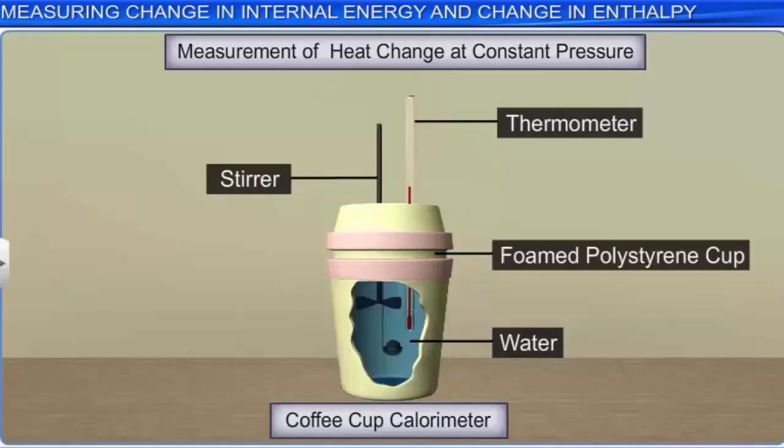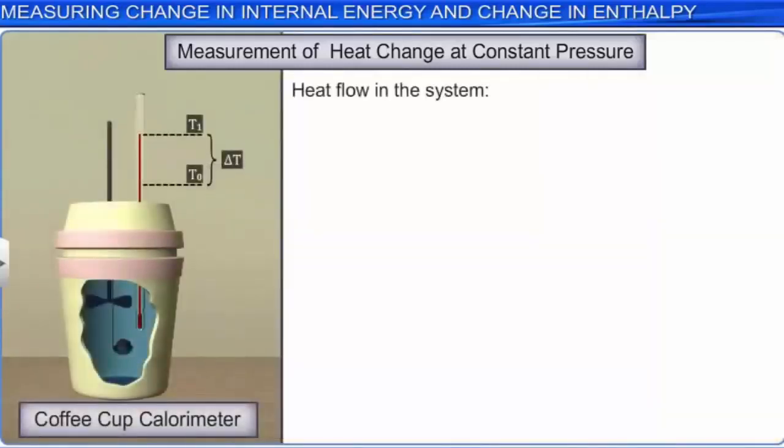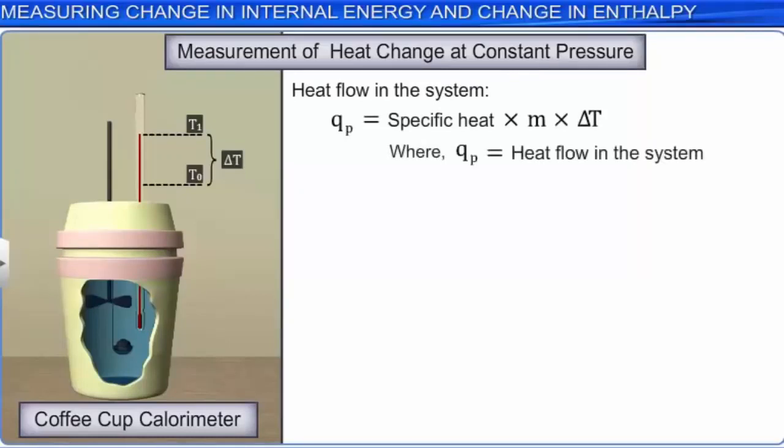Heat flow in the system is calculated by using the relation QP = specific heat × M × delta T, where QP is the heat flow in the system, M is the mass of water in the coffee cup in grams, and delta T is the change in temperature.